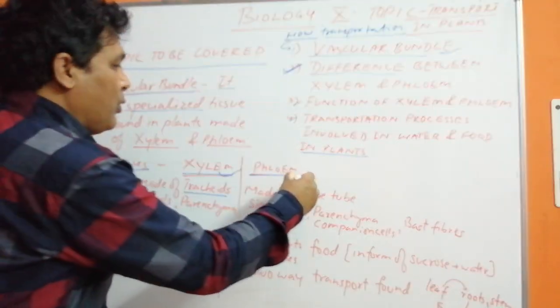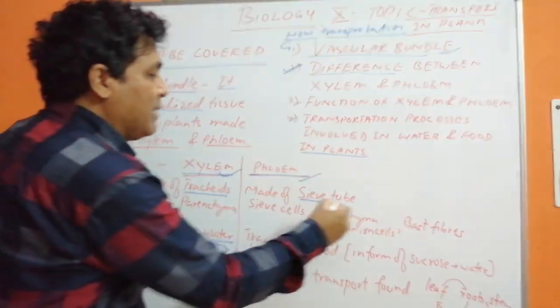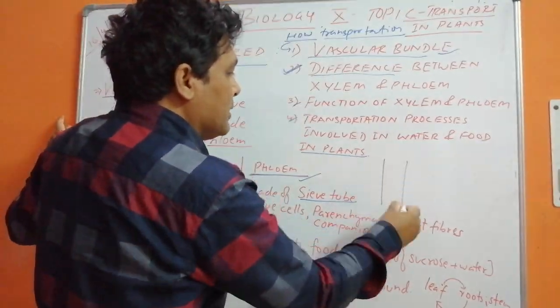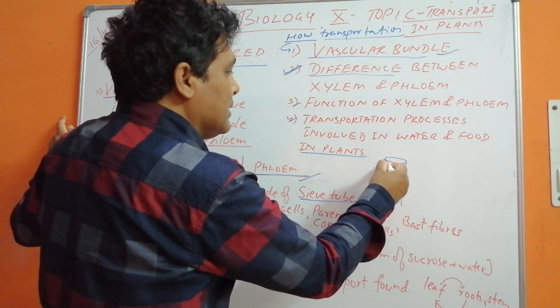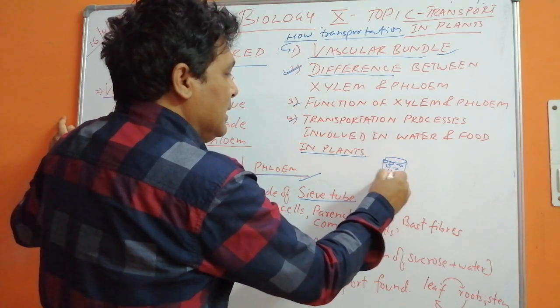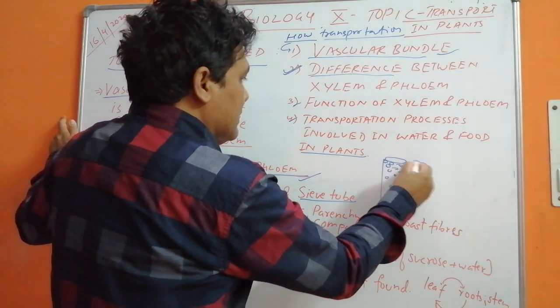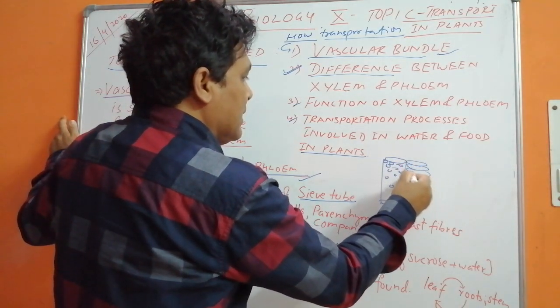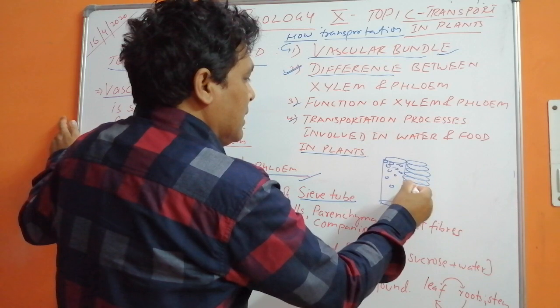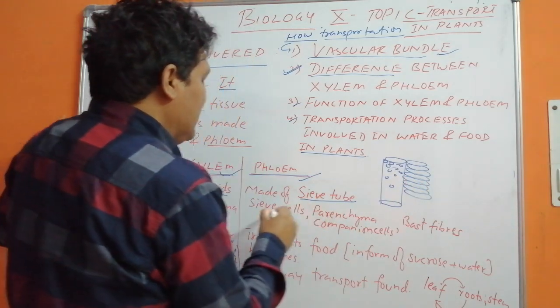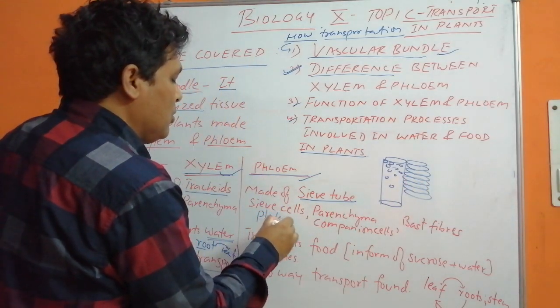Now comes the phloem. Phloem is made up of sieve tubes. When we talk about the sieve tubes, again they are like this and they have more perforations. And then there are the sieve cells. We call them sieve plates also.